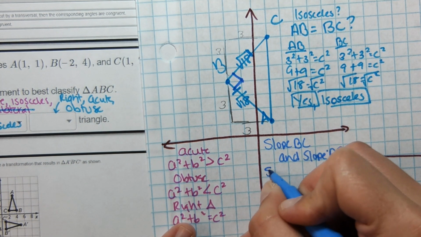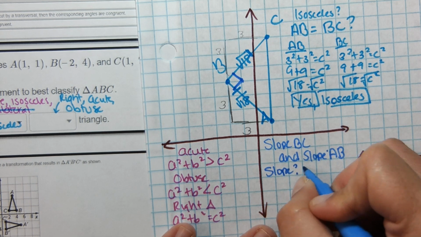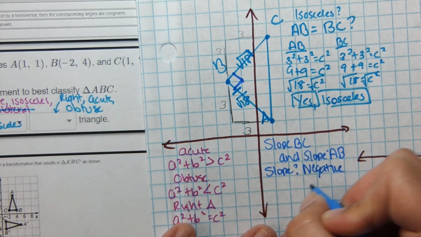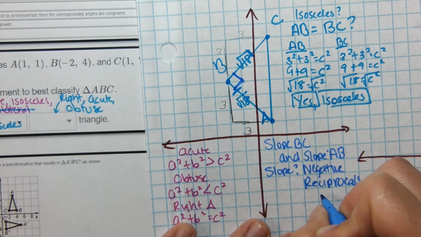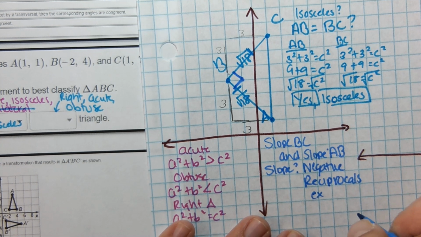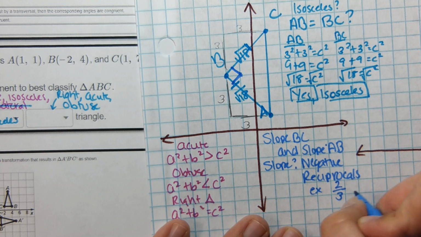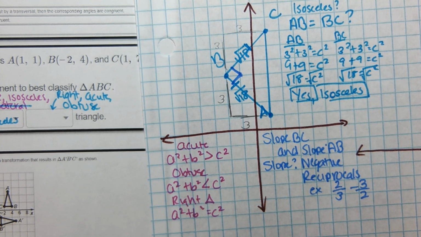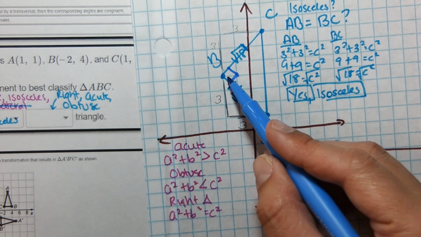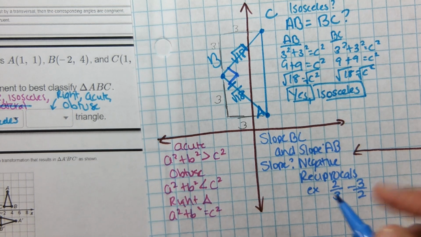An example would be 2/3 and -3/2. These are negative flips of the fraction. And if that happens, then these are perpendicular and it's a right triangle.